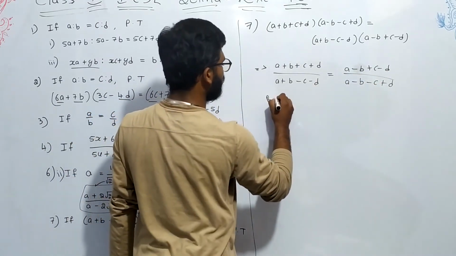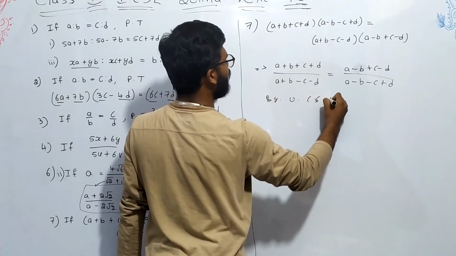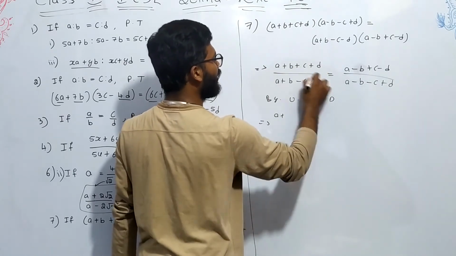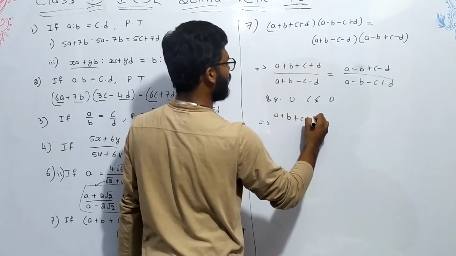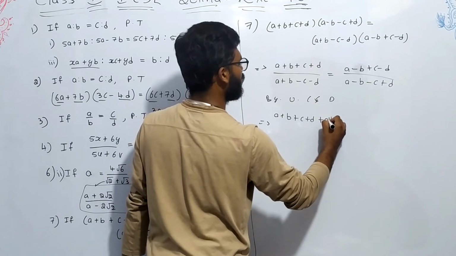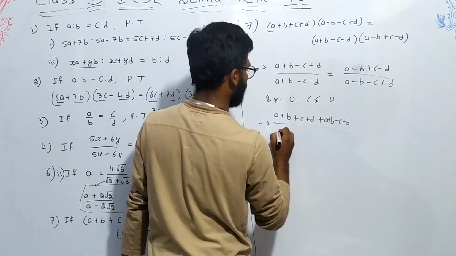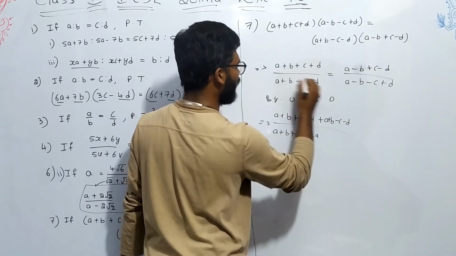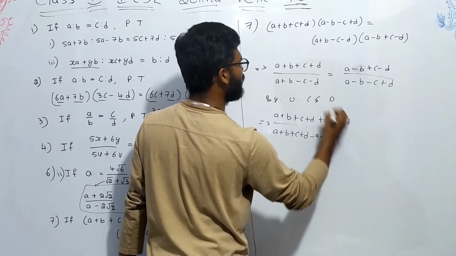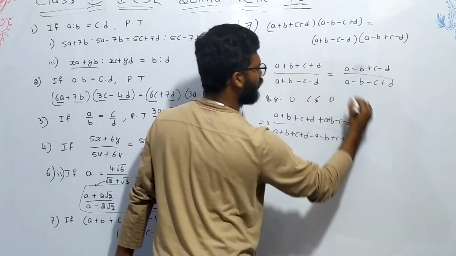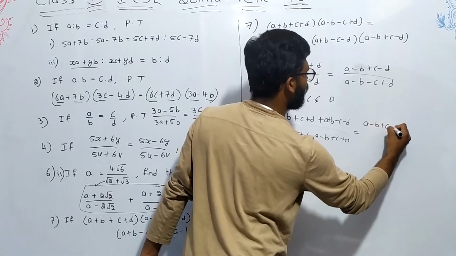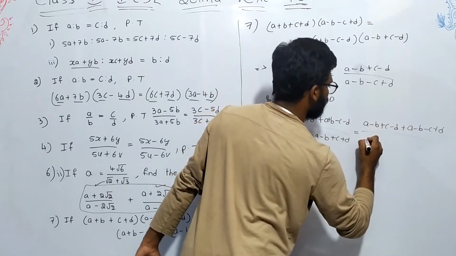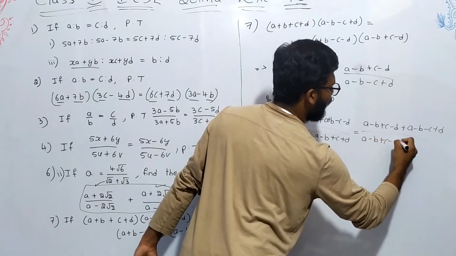So what you have to do is use componendo and dividendo: numerator plus denominator by numerator minus denominator.